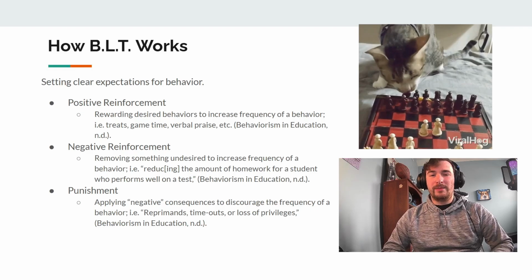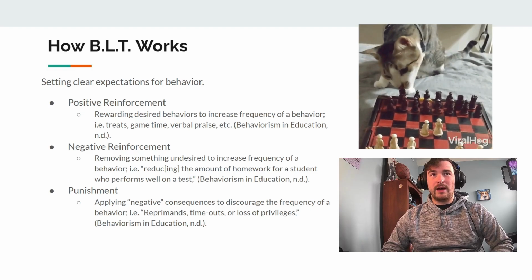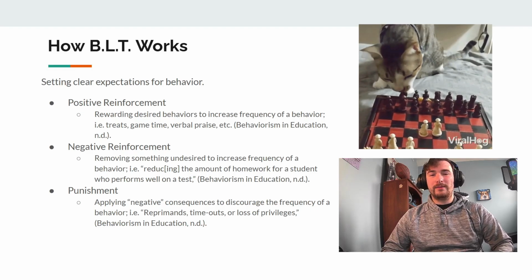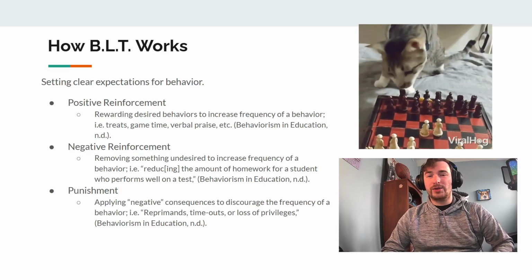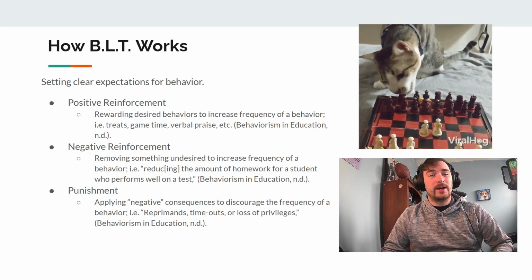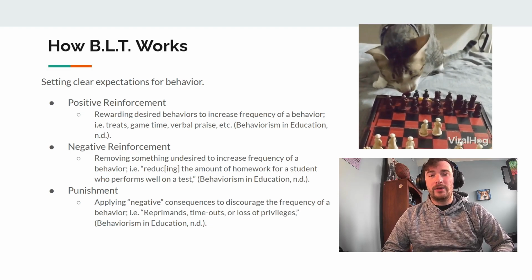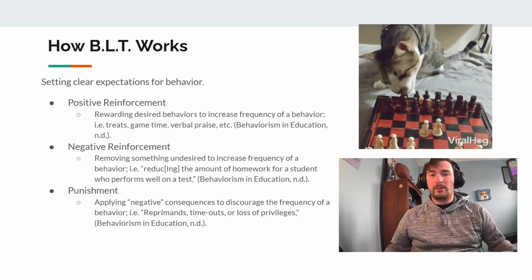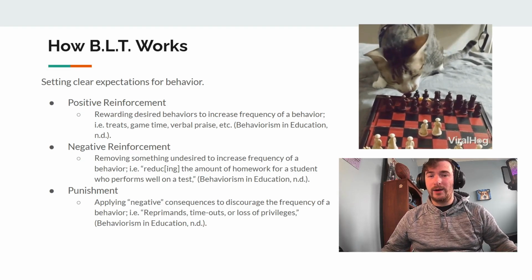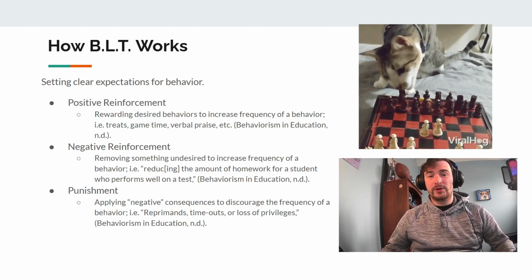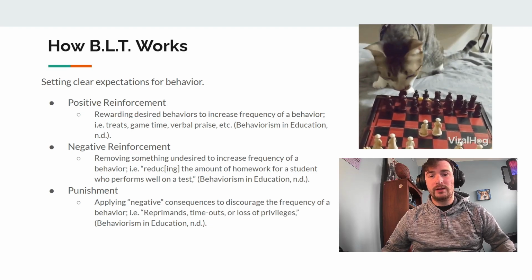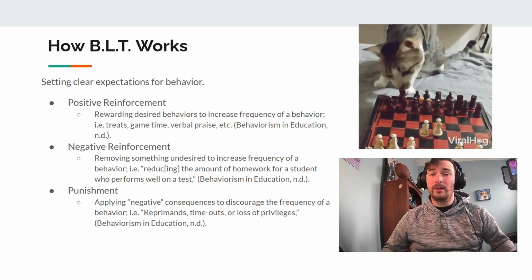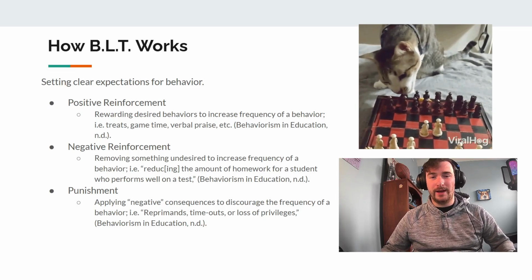Let's talk about how behavior learning theory works. I like to equate behavior modification and behavior learning theory to a game of chess, where you're trying to not necessarily manipulate, but try to predict how certain behaviors will change, develop, or become extinct over a period of time.